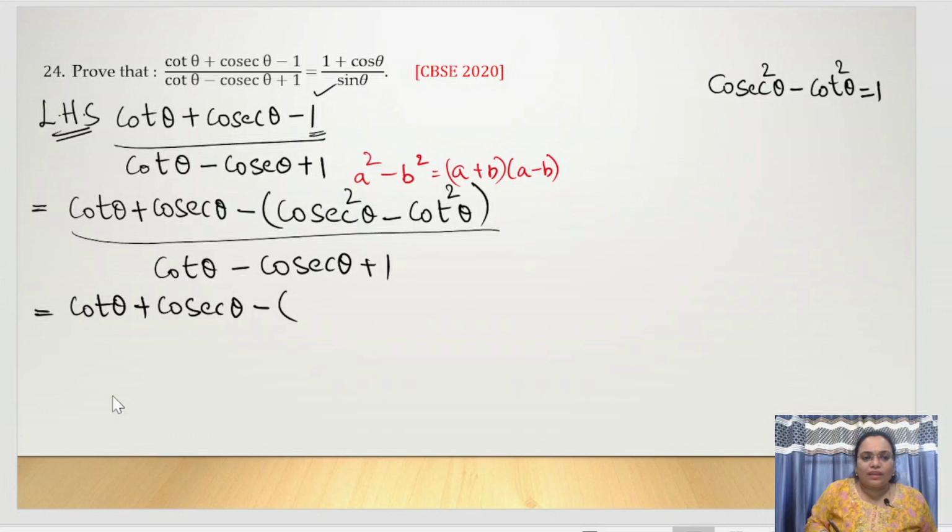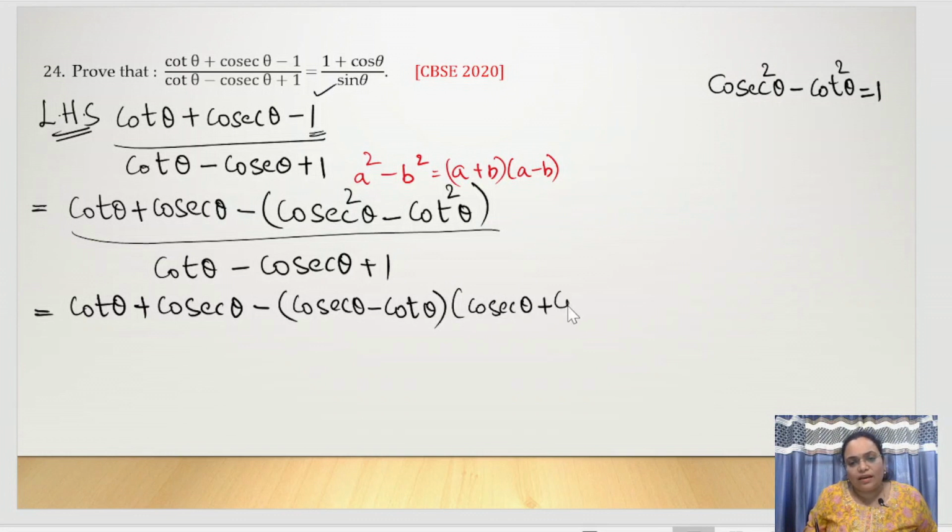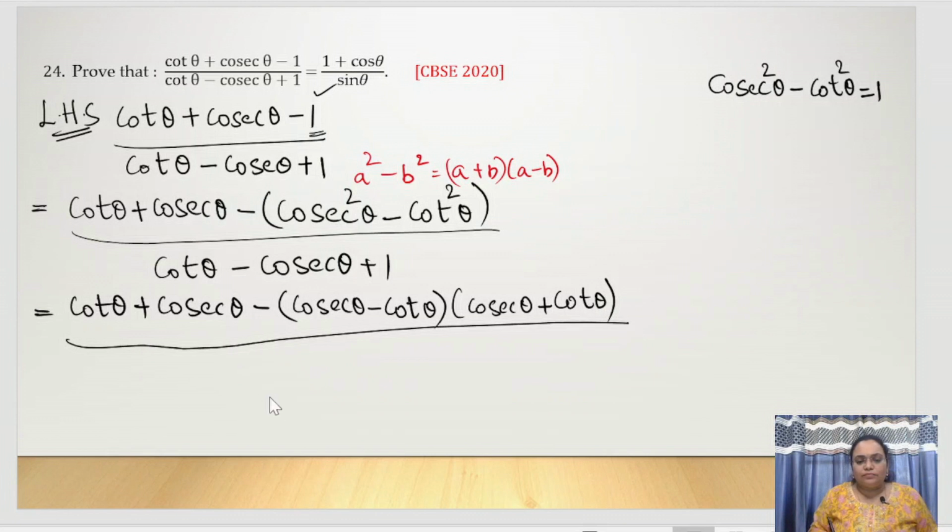So this will be cosecant theta minus cot theta into cosecant theta plus cot theta, divided by cot theta minus cosecant theta plus 1.